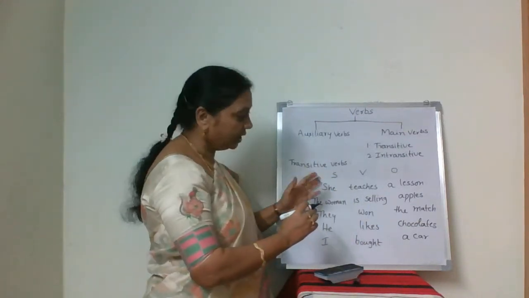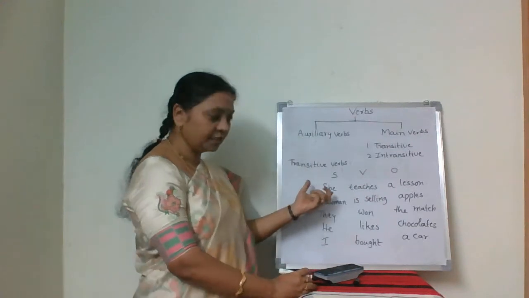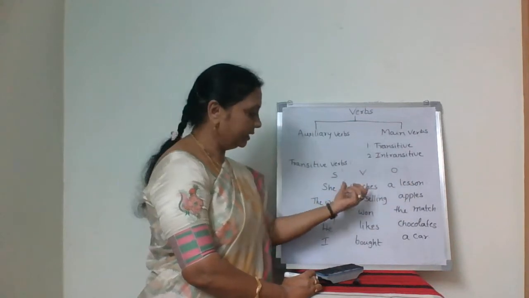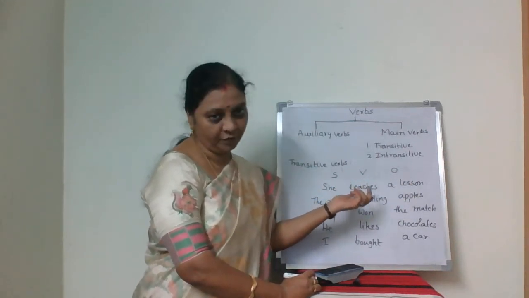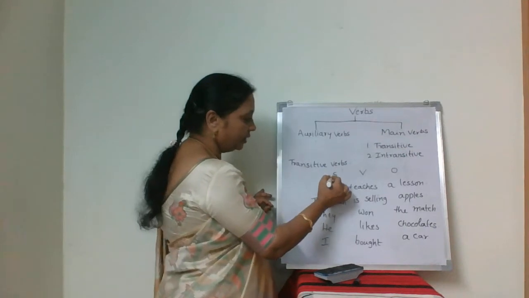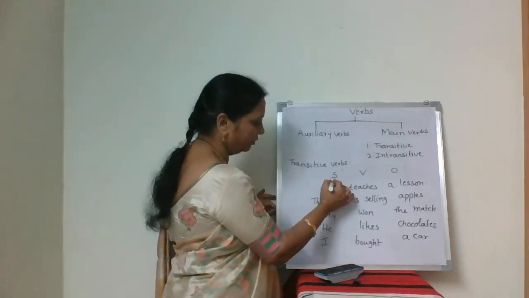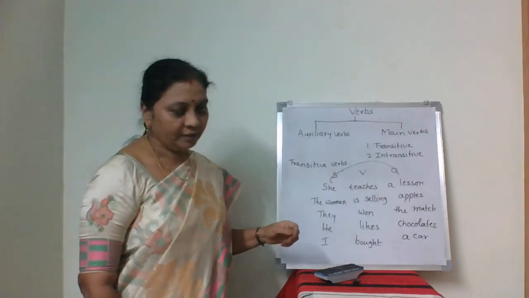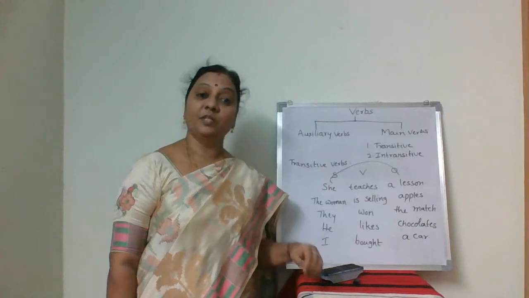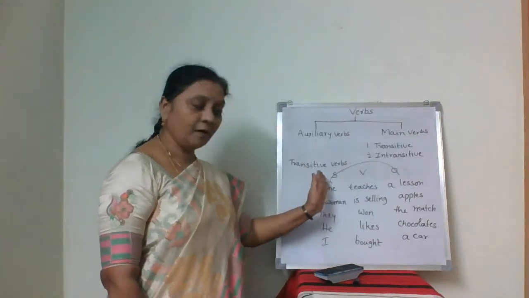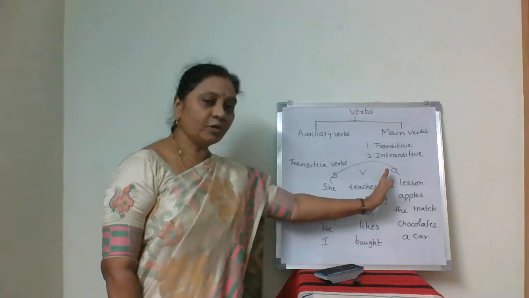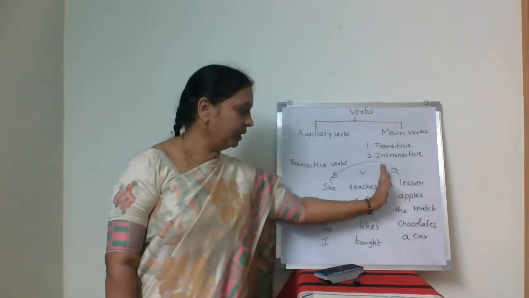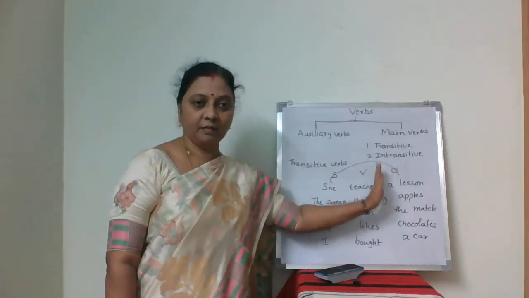First example, she teaches a lesson. What is the subject here? She. And the object, a lesson. And teaches is an action word, or verb. When the action passes on from subject to object, we call it a transitive verb. It does not stop there.